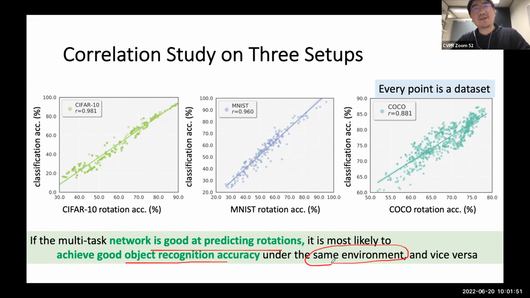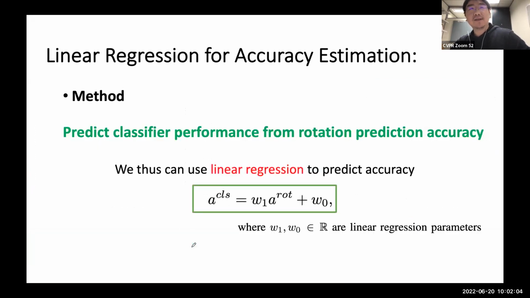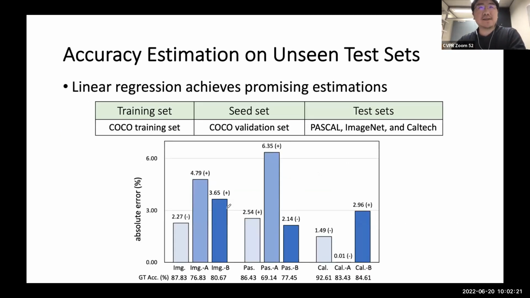Once we discover this relationship, we can estimate our object recognition accuracy from its rotation prediction accuracy. Similarly, it's very simple to design a linear regression model which only has 2 parameters, using the rotation prediction accuracy as input and outputting the classification accuracy. These are some results in a similar format as before.